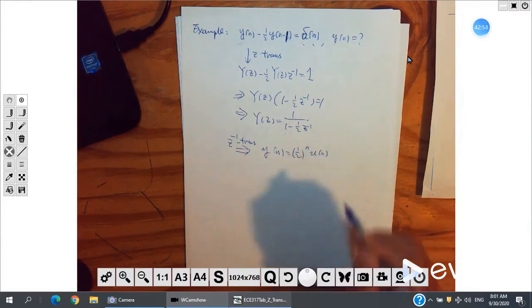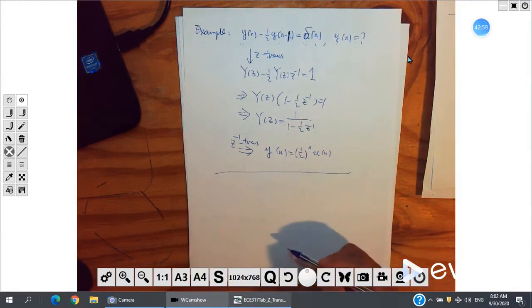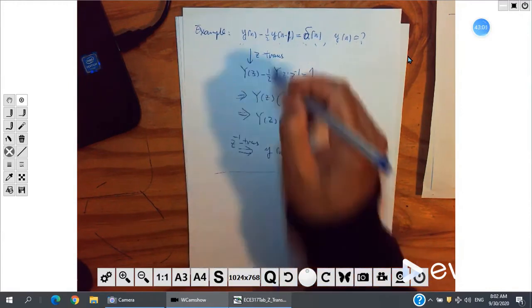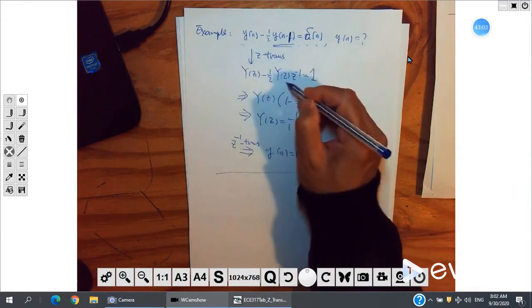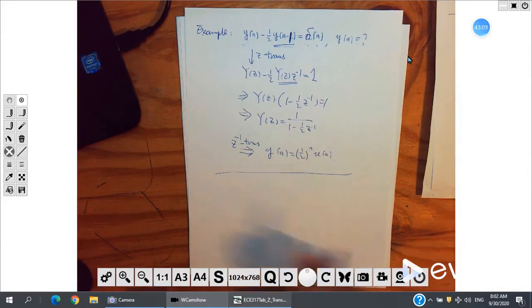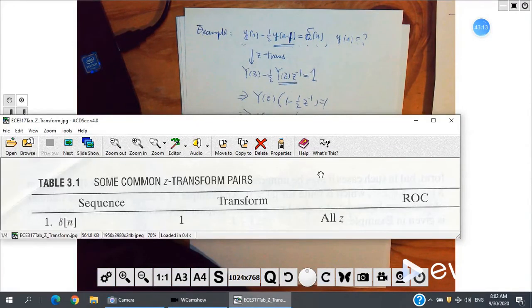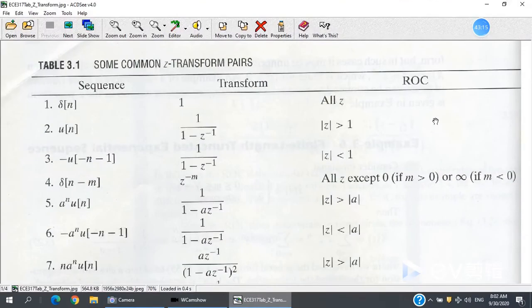So we have a shift here, a multiplication by z to the negative 1 here. This is table 2.